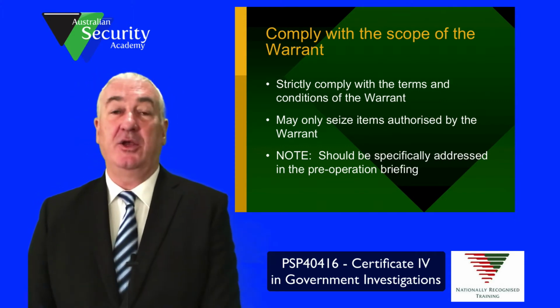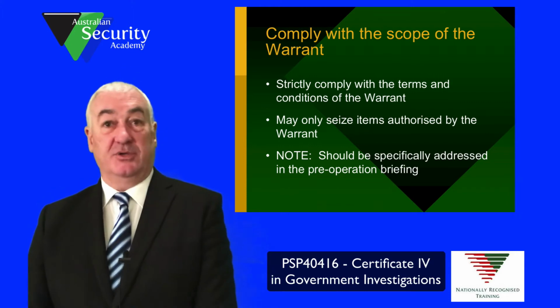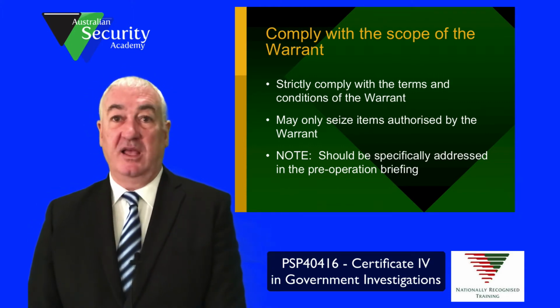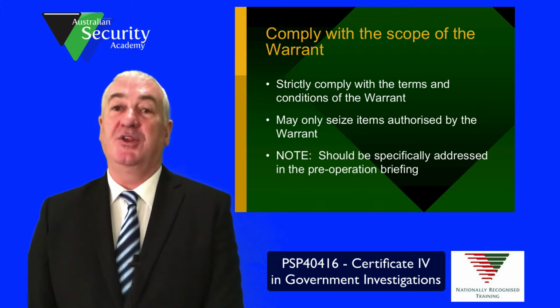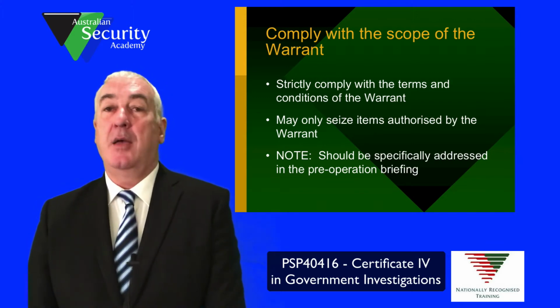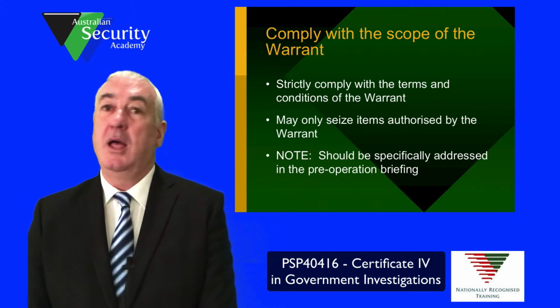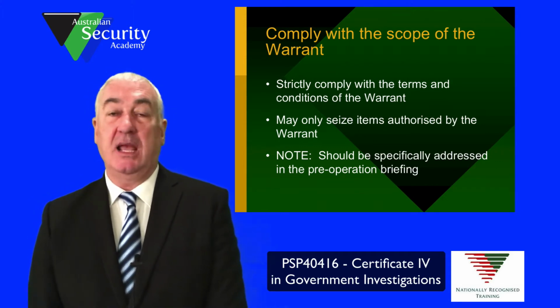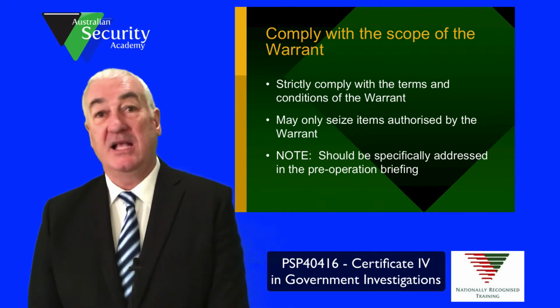If you don't have that and you have a book, I generally give a receipt to the owner, occupier or person in charge of the items of evidence that's been seized. You need to video this process because quite often people will make a point of arguing or disputing what's been taken or what has not been taken.